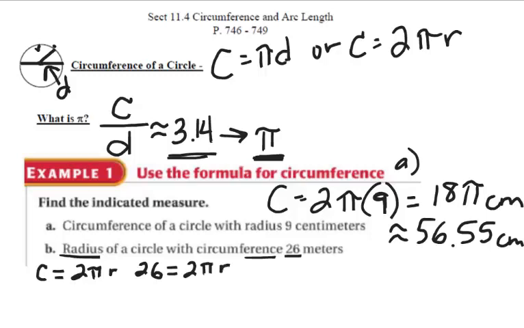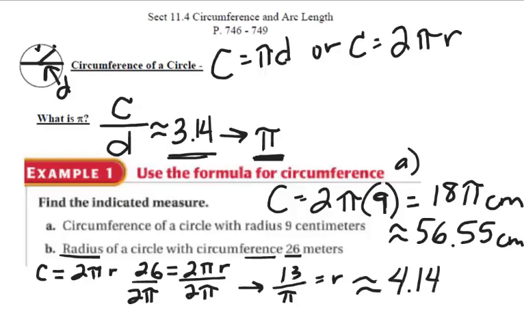Now to get radius all by itself, we want to divide out the 2 pi on both sides. And so from that problem, 26 over 2 pi, I can do the division, which would give me 13 divided by pi would equal my radius. And this is an exact value here. If we want an approximation, we do 13 divided by pi, and we get approximately 4.14. And so the squiggly equal line is what tells me that this is an approximation.